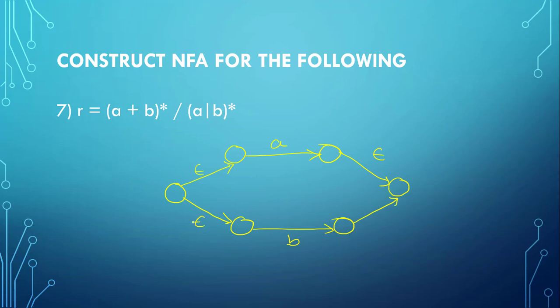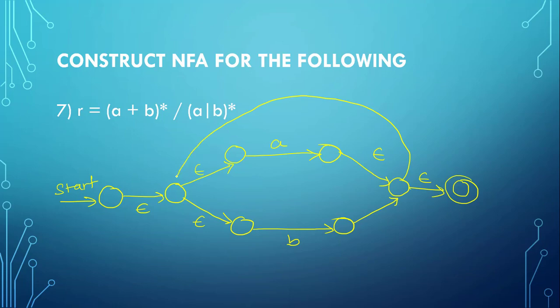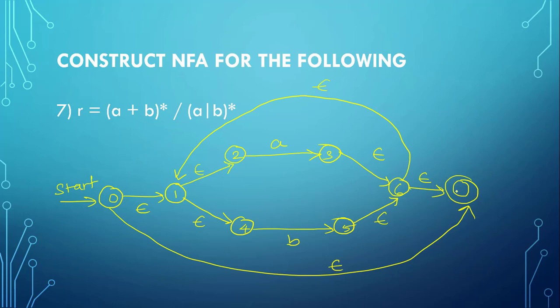And finally, for the star closure, we need to add a start state and a final state at the start and end of our NFA over epsilons. Now for the star closure, we have to connect the last state of A plus B to the first state of A plus B over epsilon, and from the start state to the final state, a direct connection over epsilon. Start naming our states 0, 1, 2, 3, 4, 5, 6 and 7.